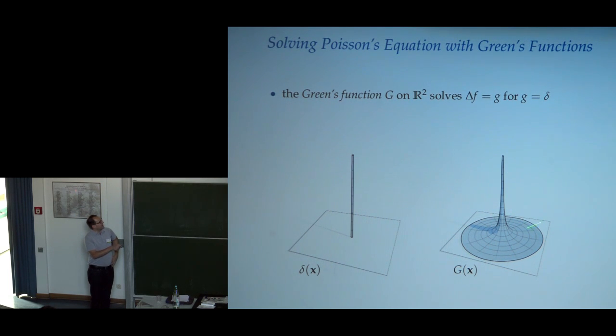So now I've got this solution here, and a translated version of this solution, I add them together, and I claim this is the solution of the Poisson equation with two spikes. Why is this? Well, because the Laplacian is linear, right? So I take the Laplacian of the first version of the spike, I get 0 everywhere except the delta there. I take the Laplacian of the second version, I get 0 everywhere except the delta here, and so the result is just the two deltas. Does that make sense?